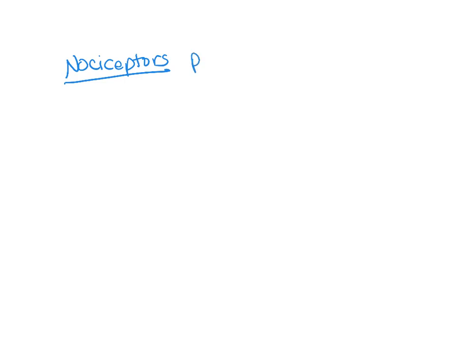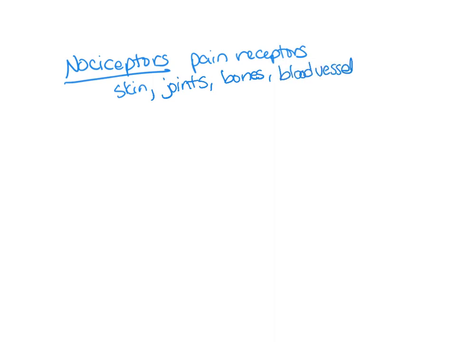Nociceptors are pain receptors. They can be found in the skin, in joints, in bones, and in blood vessels. They're sensitive to any type of mechanical damage. So if you cut through your skin or through your blood vessels, if you break a bone, that will stimulate one of these nociceptors.